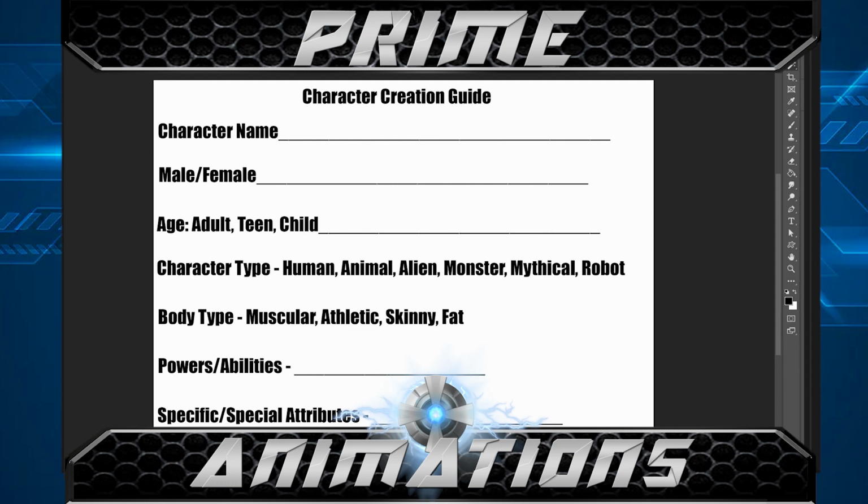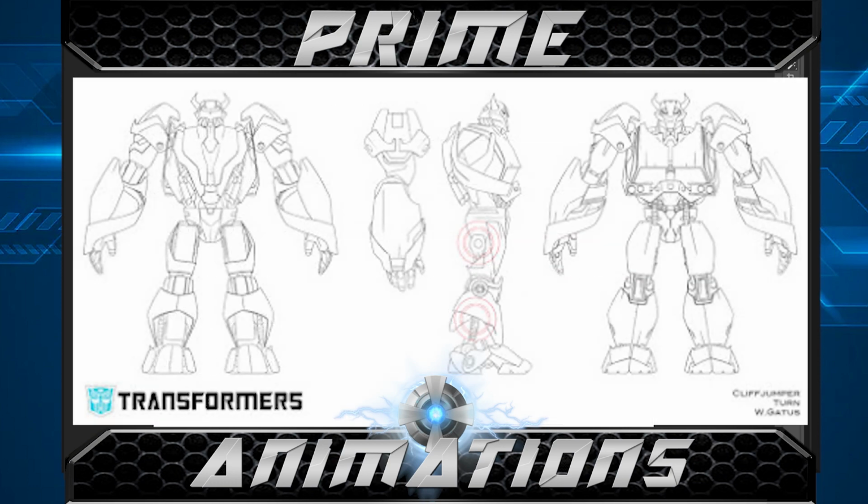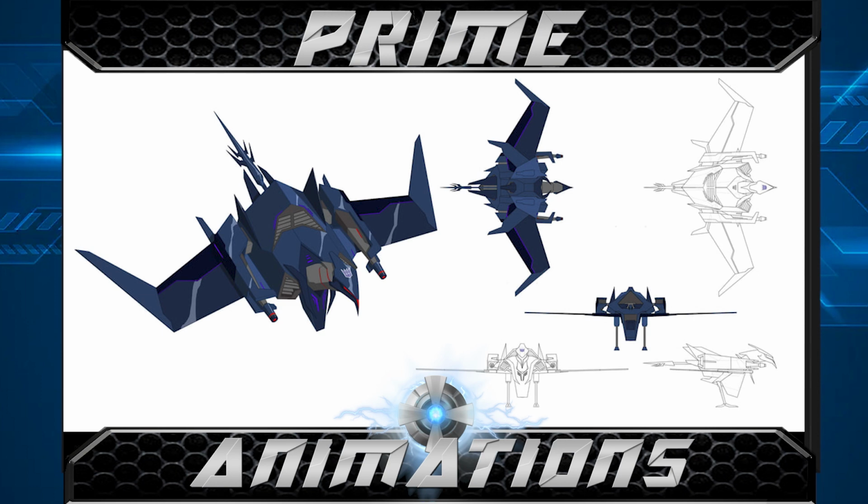Now, once you have your character finalized on a 2D level, if you're technical enough, you can do a technical character sheet where you pose your character in a front view, a side view, and a back view, right? Now, if you're doing some type of vehicle, then you would want a front view, a side view, and a top view.